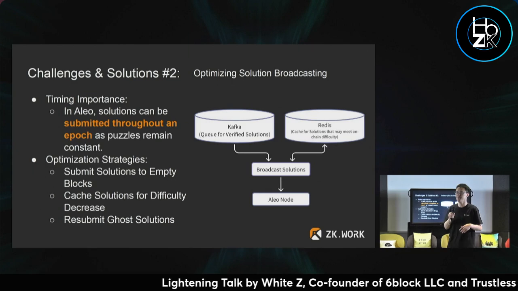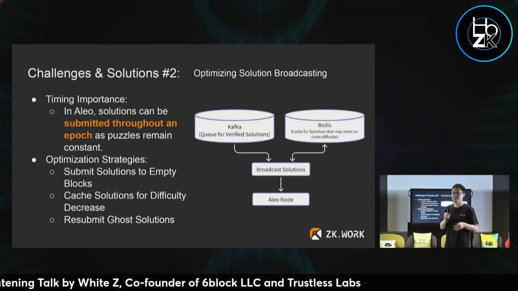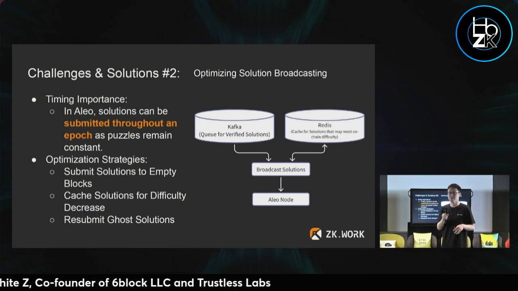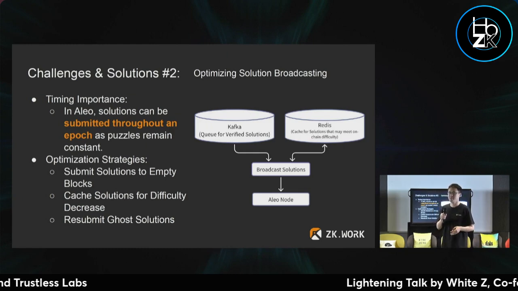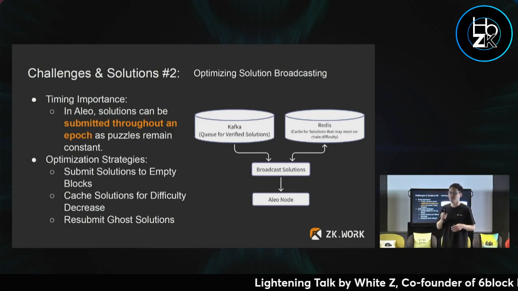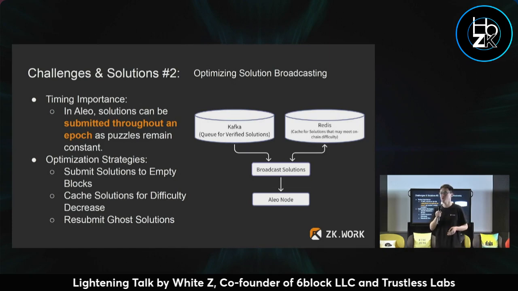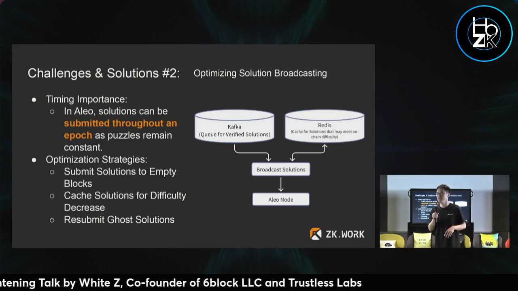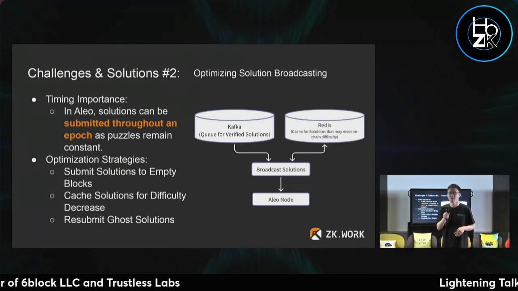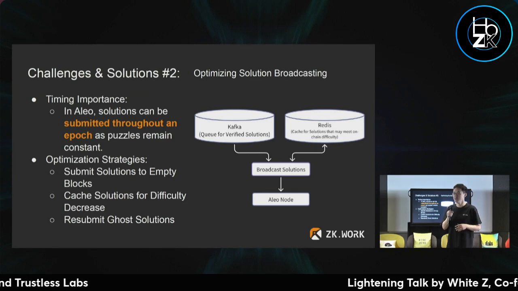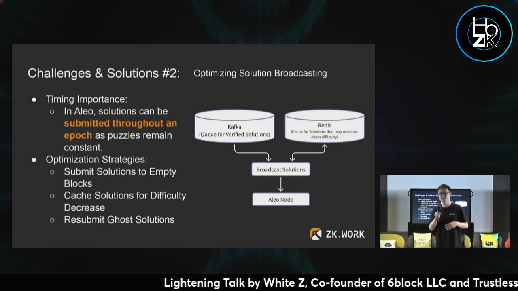For example, if right now you calculate a solution, but the difficulty is still too high for that solution, you can just cache it and wait for a while. When the difficulty gets lower, this solution can be validated, and you can resubmit it into the network to get a reward. The third optimization we did is that we can resubmit the ghost solutions, because right now the Aleo network may randomly drop some solutions, maybe because of a network issue.